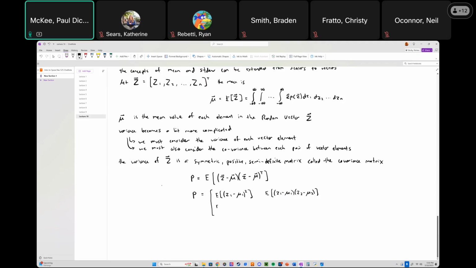But then over here you have the expected value of z2 minus mu2 multiplied by z1 minus mu1. Over here you have the expected value of z2 minus mu2 squared. And you can imagine this scaling out so that it is an n by n matrix.